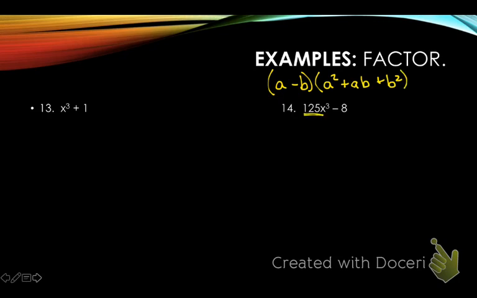So what's the cube root of 125x to the third? Or look at it this way. What's the cube root of 125? What number times itself 3 times gives you 125? 5. So first term, or a, is 5x minus what number times itself gives you 8?